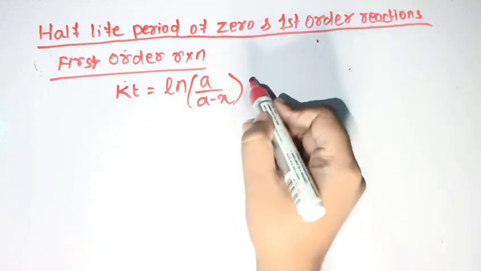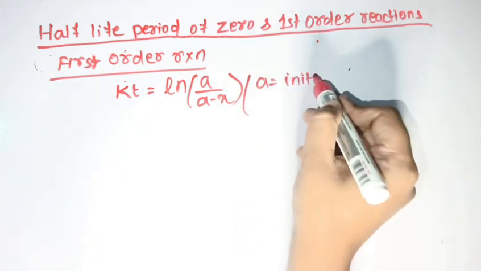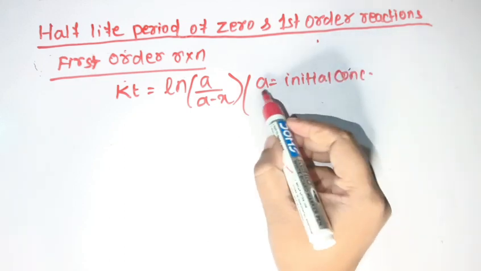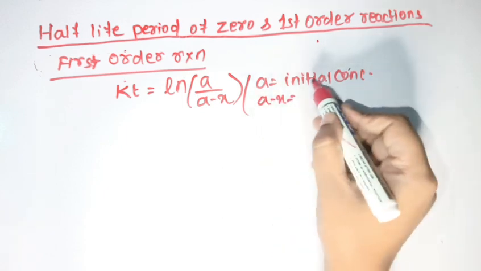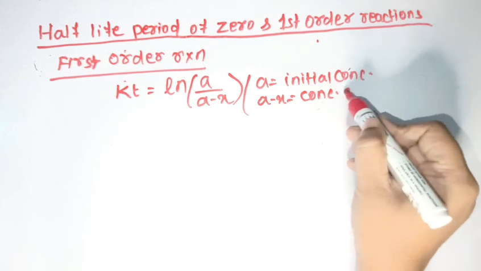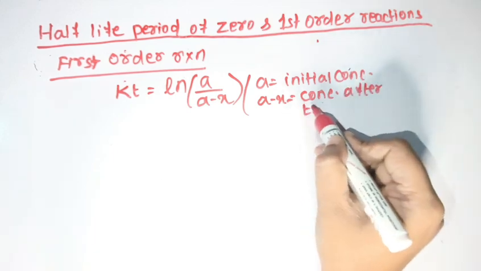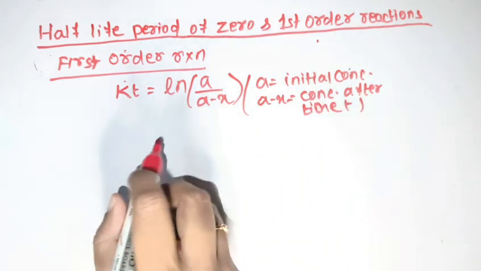Here a is initial concentration, and a minus x is concentration after time t, or at the time of observation.